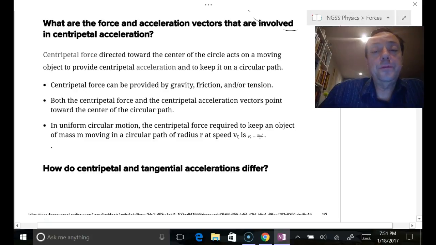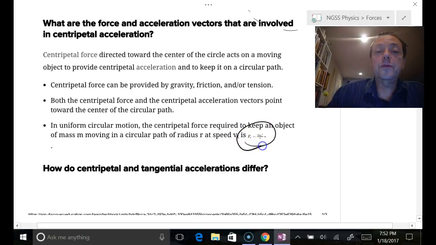All kinds of things. Okay, so when we say a centripetal force, it's not a particular force, or how Discovery Education would imply that it's a fundamental force. Far from it. It just tells you which way the force points. It points to the center, okay? And that force could arise from gravity, friction, tension, electromagnetism, all kinds of forces, okay?